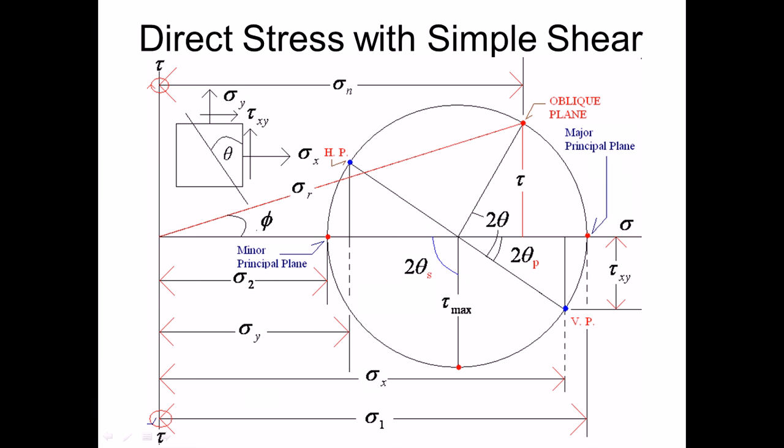If the shear stress in the plane tries to rotate the block in an anticlockwise manner, you have to go to the downside. So let us mark the vertical plane, which is of magnitude sigma x and tau xy. From the origin you have to go this distance sigma x, and again the vertical plane carries a shear stress which is tending to rotate the block in an anticlockwise manner.